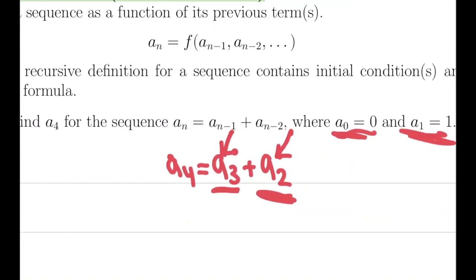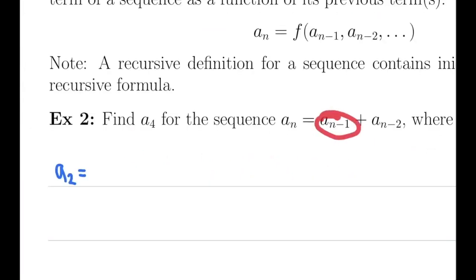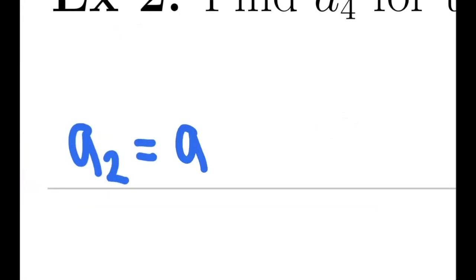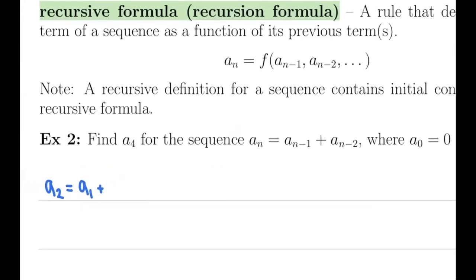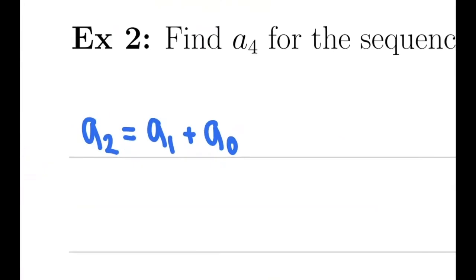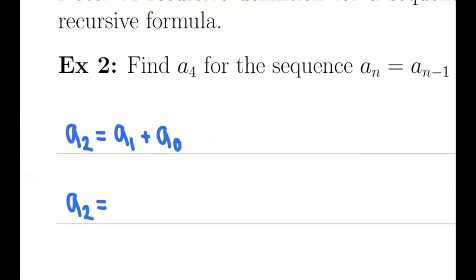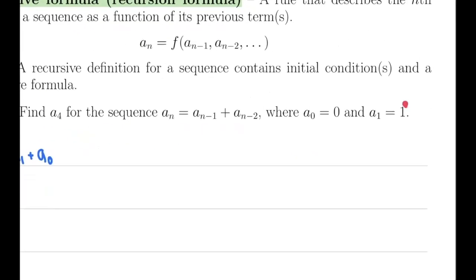So I'm actually going to start by plugging in 2. I'm going to get a2 equals a sub 2 minus 1, which is a1, plus a sub 2 minus 2, which is a0. So a2 equals a1 plus a0. So a1 is 1, a0 is 0.